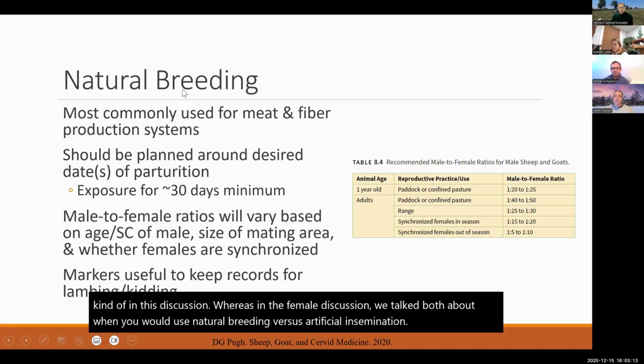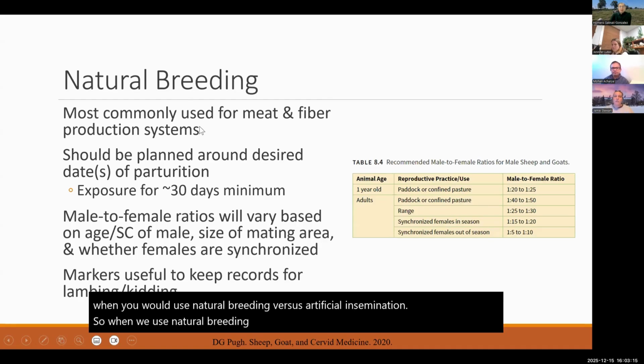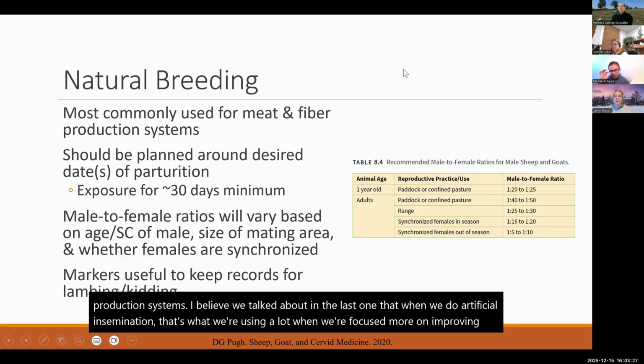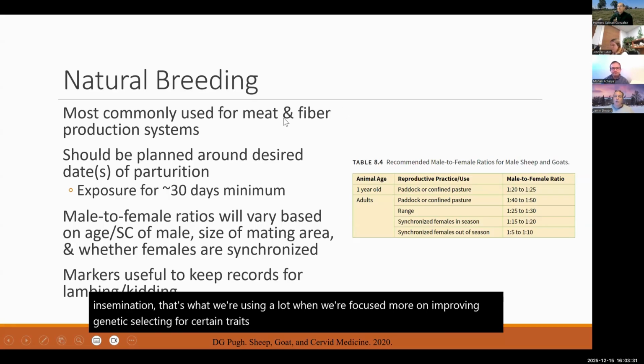Natural breeding is a lot of times for our meat and fiber production systems. I believe we talked about in the last one that artificial insemination is what we're using a lot when we're focused more on improving genetics, selecting for certain traits, and smaller farms that maybe don't want to keep a male on site.